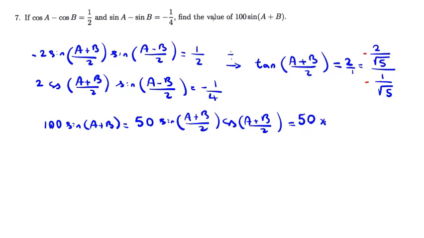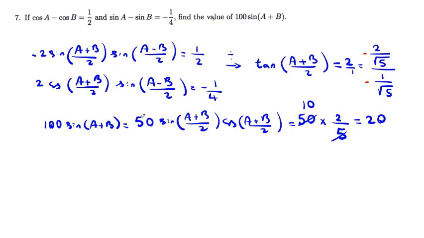It will be 50 times 2 times 1 over 5, which equals, if you divide by 5, 20. Sorry. Here, 100 sine is 2 times this.